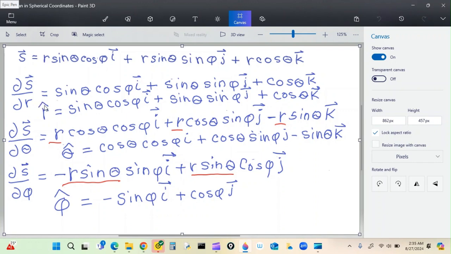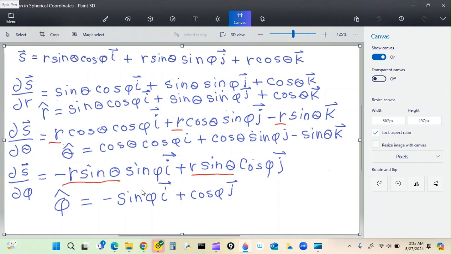That means I've taken the first derivative of the position with respect to r. All this stuff is just position. And down here, I've taken the first derivative with respect to theta. Note that the r's are not in there, but we can't forget about them. We need to still consider those r constants later on.